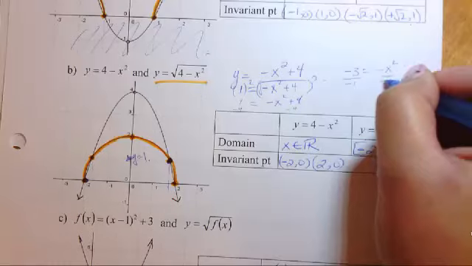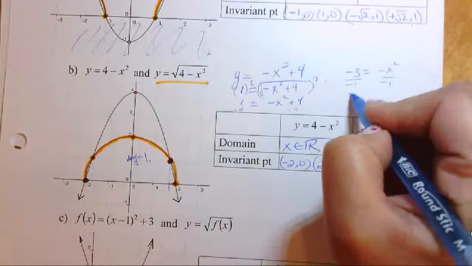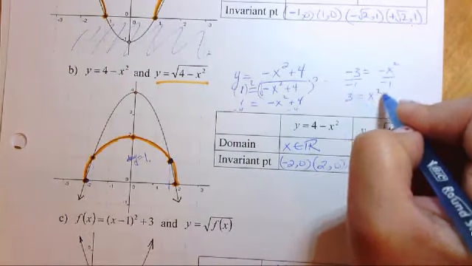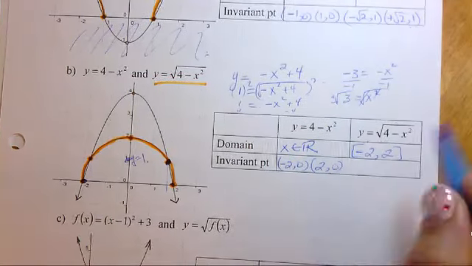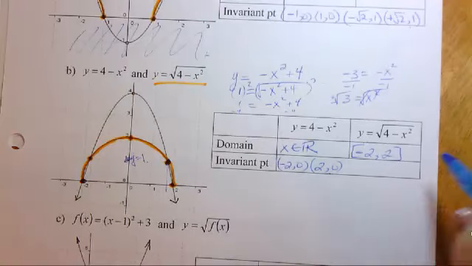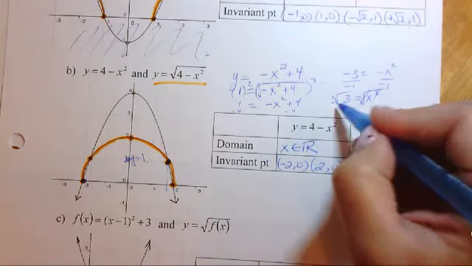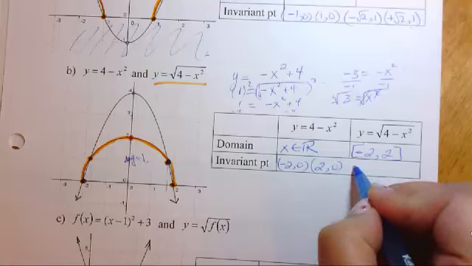So divide both sides by -1, and we end up getting 3 equals x squared. Take the square root, plus minus, and we get, when y is equal to 1, our x values are positive and negative √3.